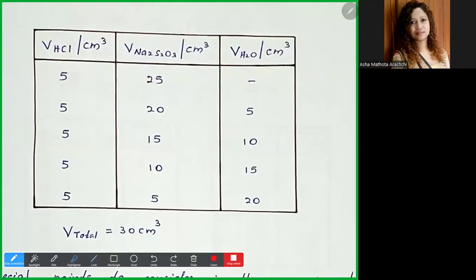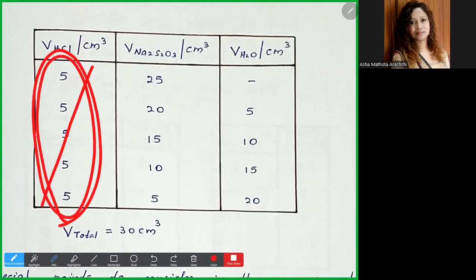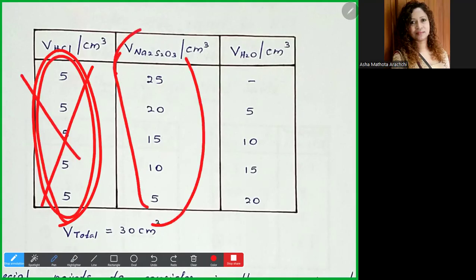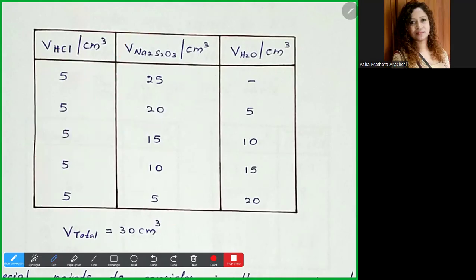Looking at the table, this is constant, so we cannot get the order with respect to that. See, this is changing. So this time we are getting the order with respect to sodium thiosulfate. Copy this.